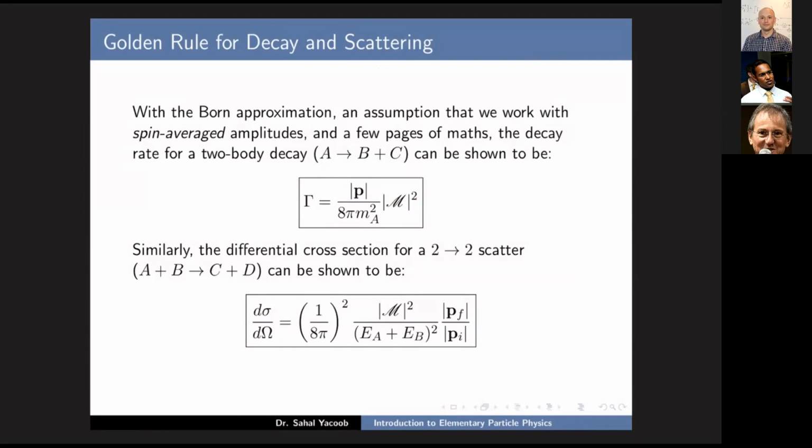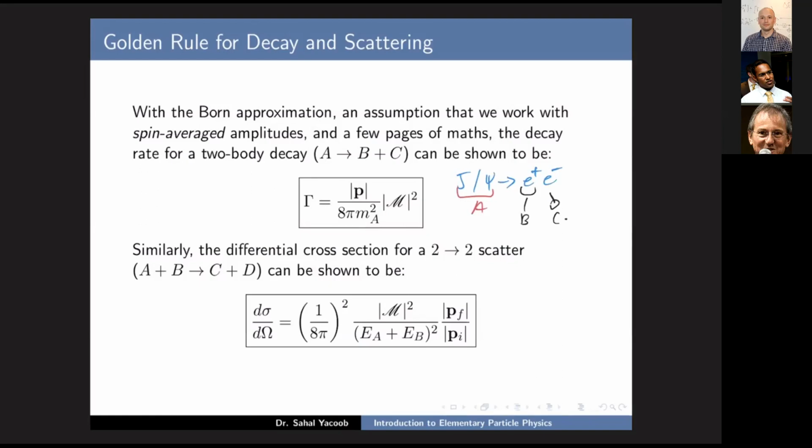So for example, what I used earlier was a J/psi going to e+ e-. In this case, that's A, and then B and C.